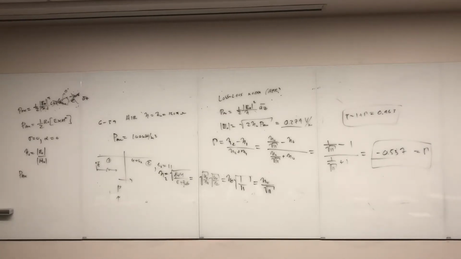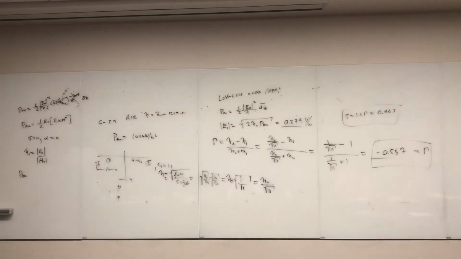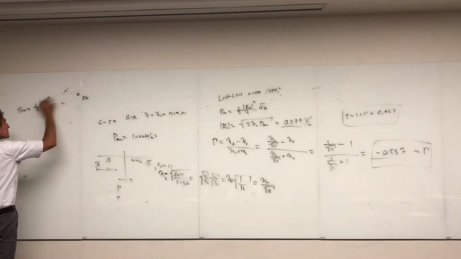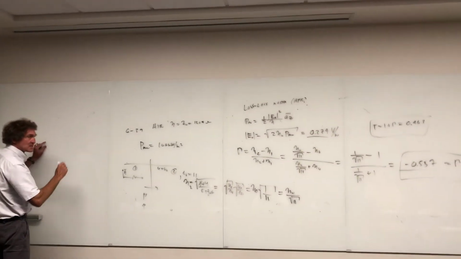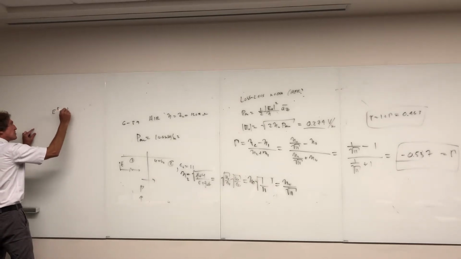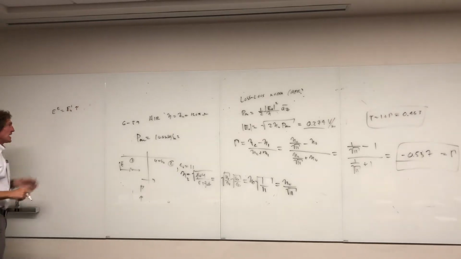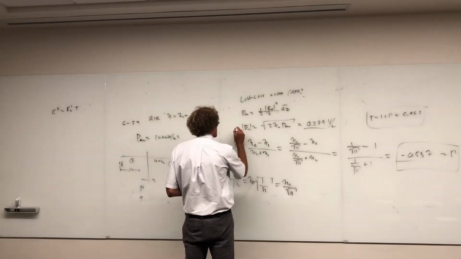Let me show you something now. All right, now that we have those two, I'm going to come back over here and just use this part of the board to finish this problem. So now what I find is my transmitted power density. First I find that E transmitted would be equal to E naught incident times the transmission coefficient. I have the incident field, and we figured out the incident field was right here. This is E incident.